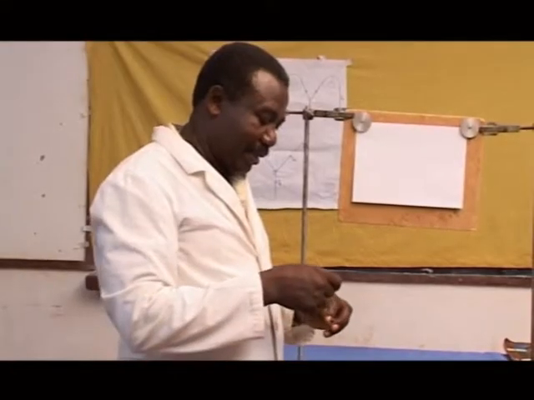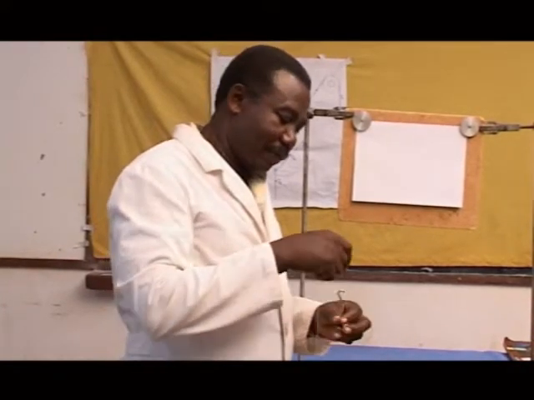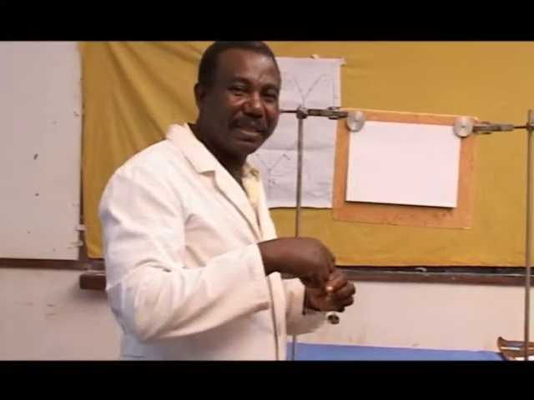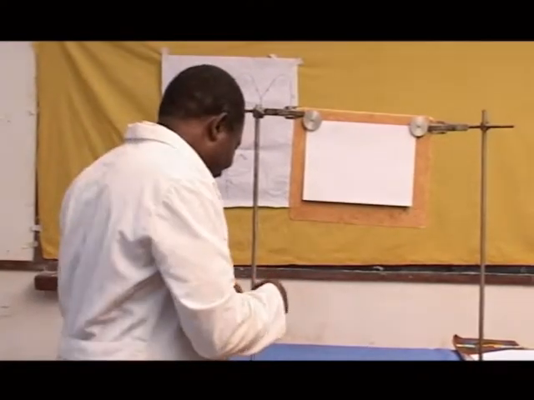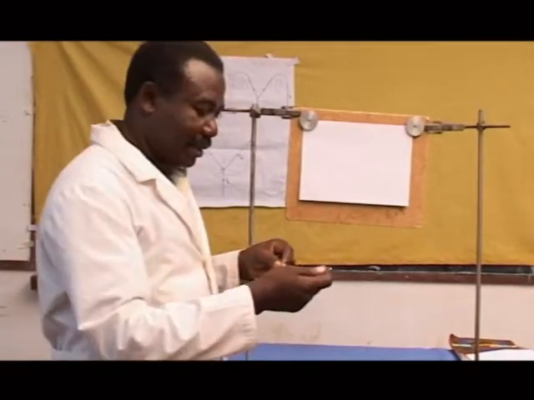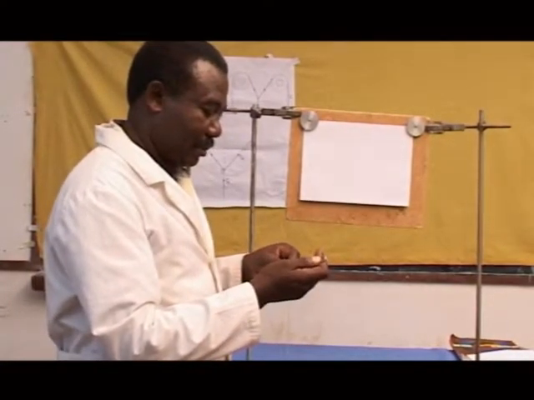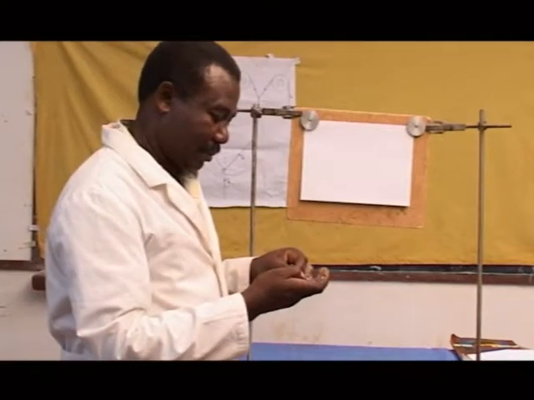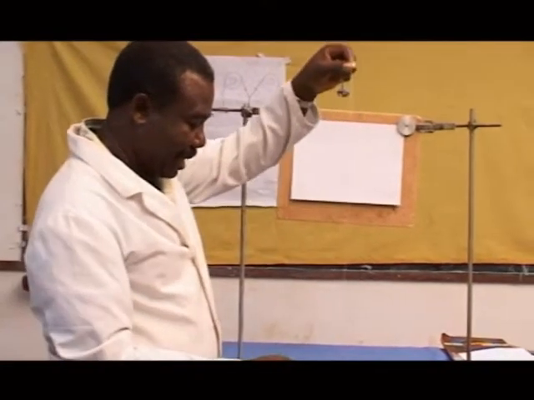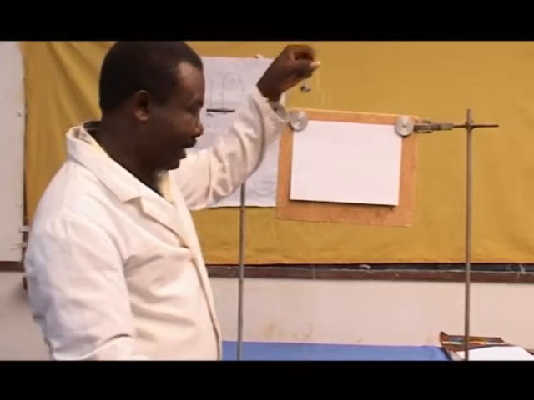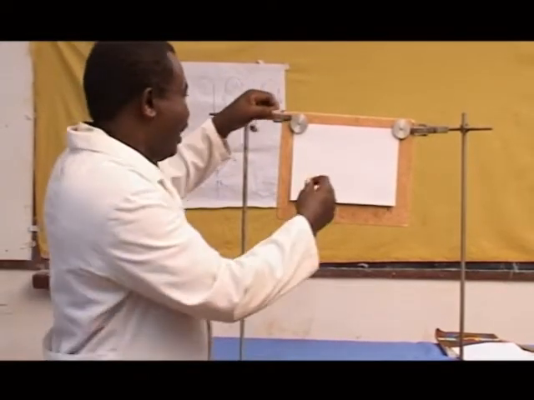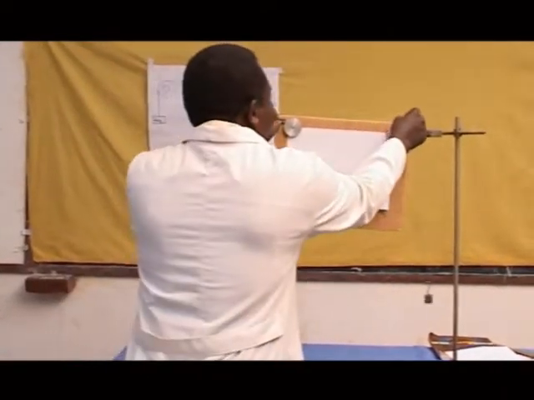Suspend a mass of 40 grams on one side of the thread and 50 grams on the other side of the thread and hang it on the 2 pulleys.